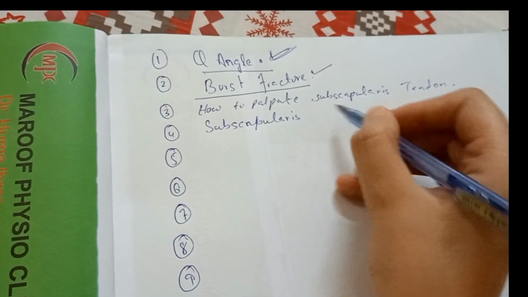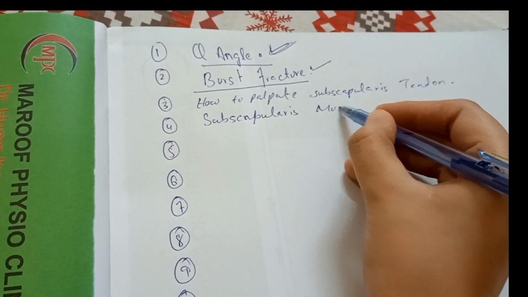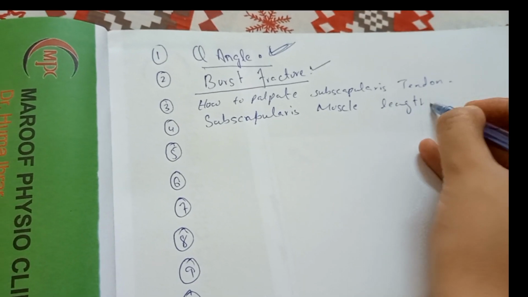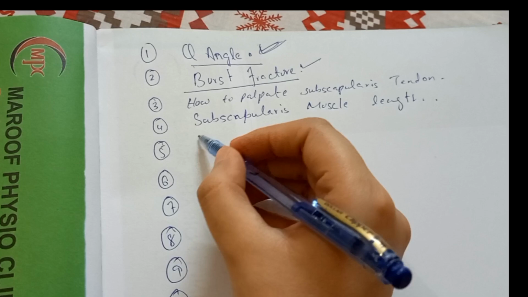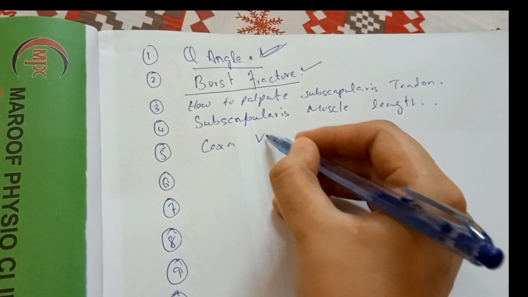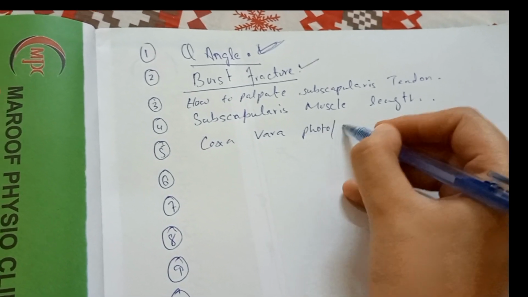I will repeat that these were MCQs from the recent DHA exam. Subscapularis muscle length, strength length. Then there was a coxa vara picture.